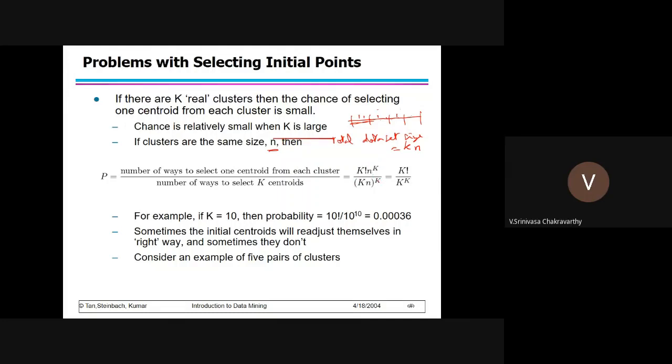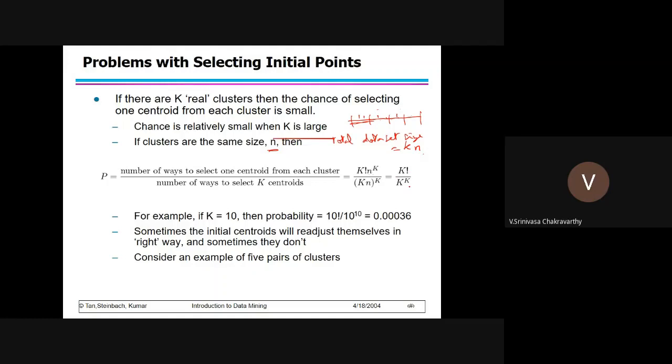The total data set size is kn, and I just have to select k points from that. I can reselect the same point, to keep the calculation simple. So that will be kn times kn times kn, k times, which is kn power k. So the numerator is k factorial times n power k, and the denominator is kn power k. If you cancel off the n power k, you get k factorial divided by k power k.